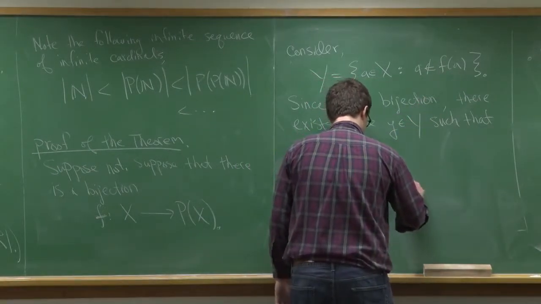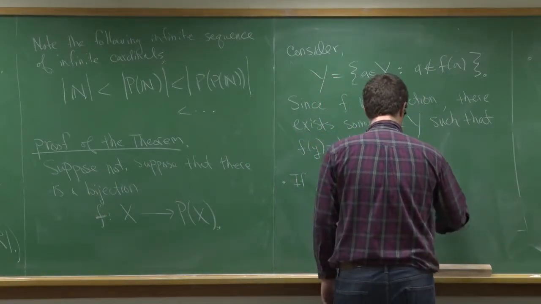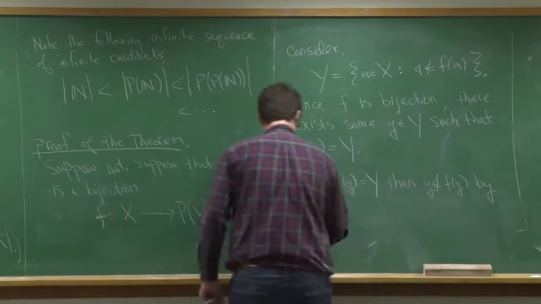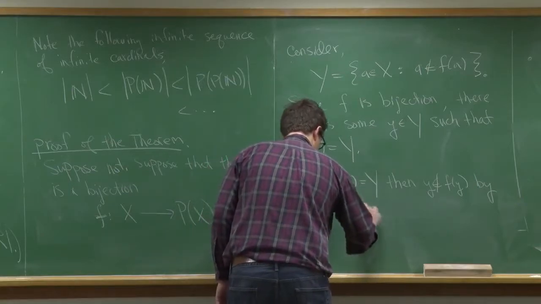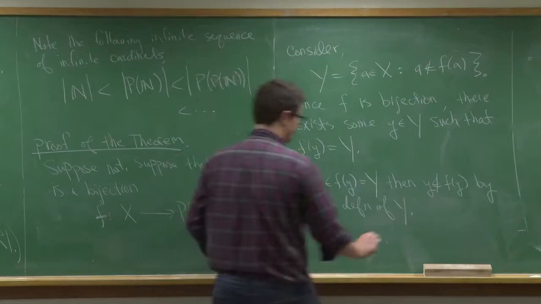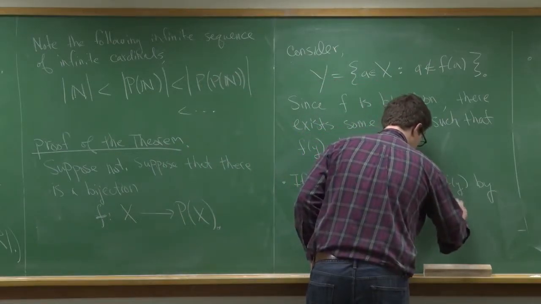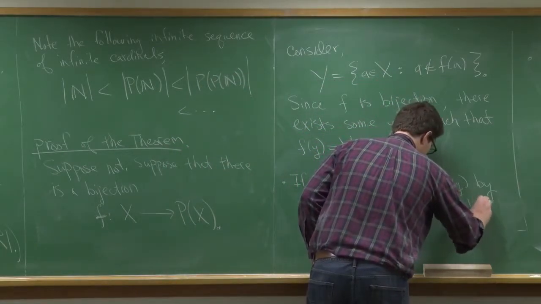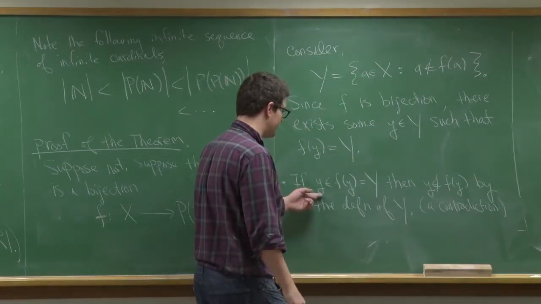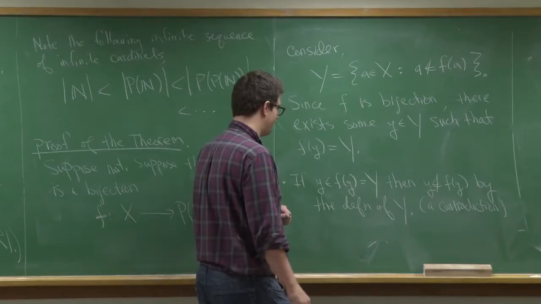Then y is not an element of f of y by the definition of Y. Okay, so that's a contradiction. So y can't be an element of f of y.